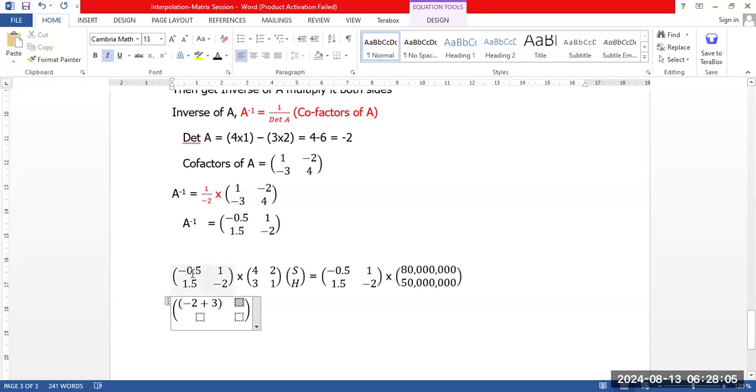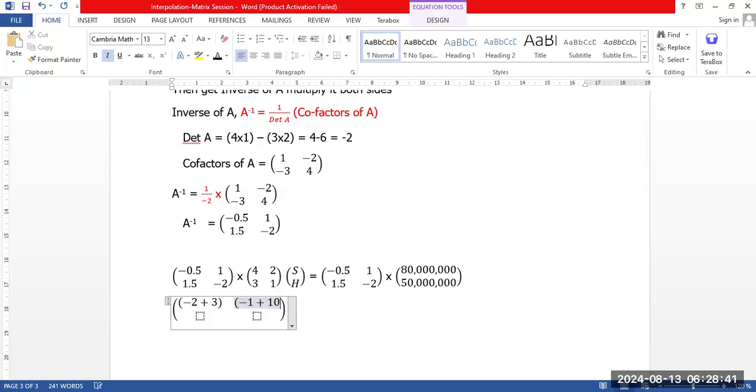Then here, negative 0.5, because we have to multiply the row into all the columns. Negative 0.5 times 2. Negative 1. Then plus 1 times 1. You get positive 1.